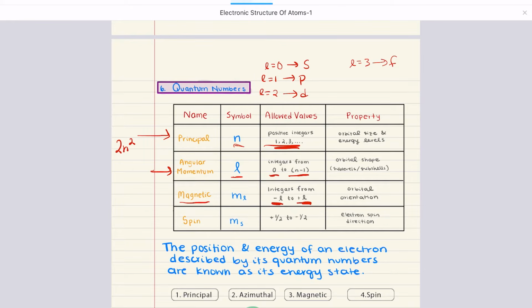Then last, but certainly not least, we have the spin quantum number, denoted MS, and this only has 2 possible values: +1/2 or -1/2, and this reflects the 2 possible orientations of an electron spin. We're not going to get into electron spin because that is a very complicated topic, and we don't need to know that. All we need to know is that there's 2 possible values for the spin quantum number, +1/2 and -1/2. Now we're going to take our first pause here.